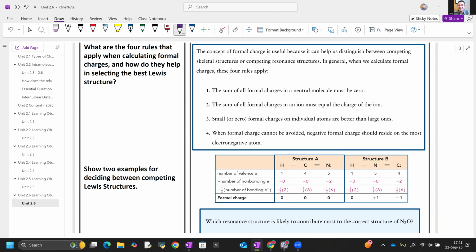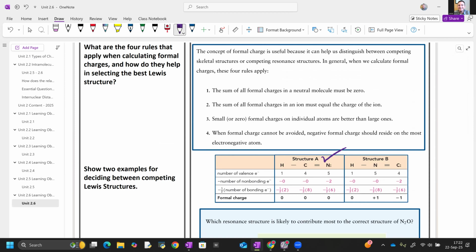All of the atoms in structure A have a formal charge of 0, whereas structure B has 0, plus 1, minus 1. 0 would be preferred over charges. So structure A, according to rule number 3, would be the best structure. So of the two competing structures, we would choose structure A based on rule number 3.